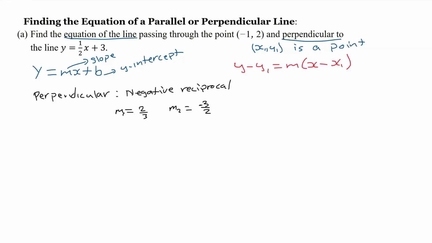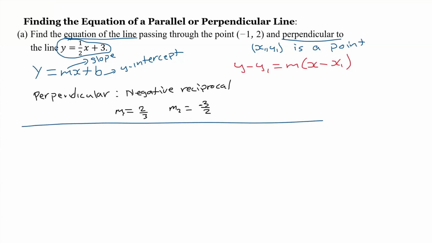So that's what I mean by negative reciprocal. In this situation, we're trying to find the slope of a line that is perpendicular to y equals 1/2 x plus 3, so the slope of that line should be m, right?